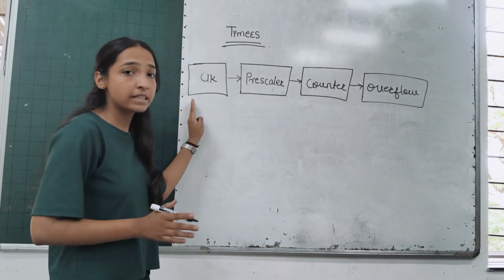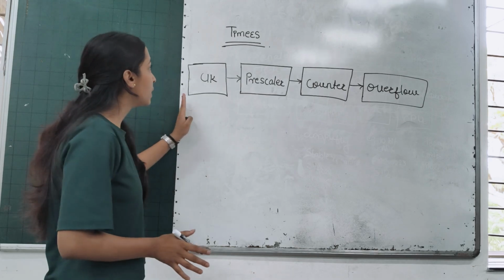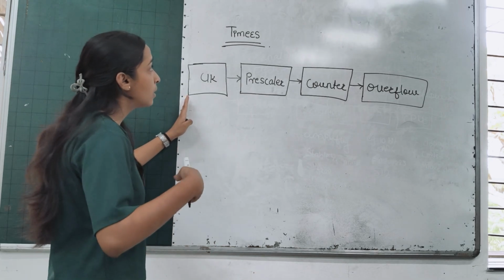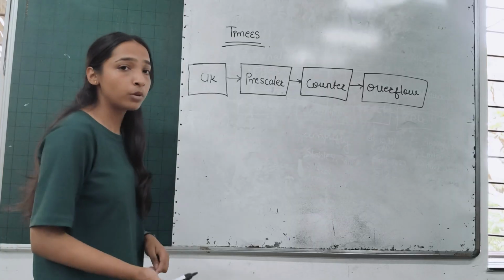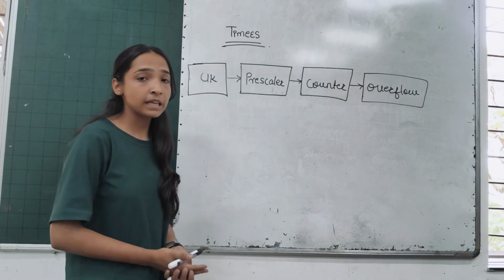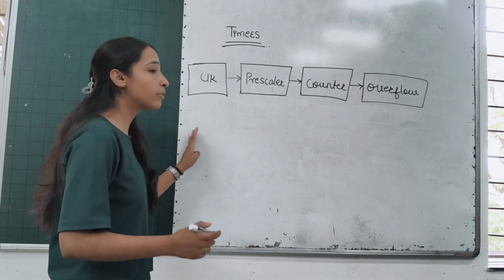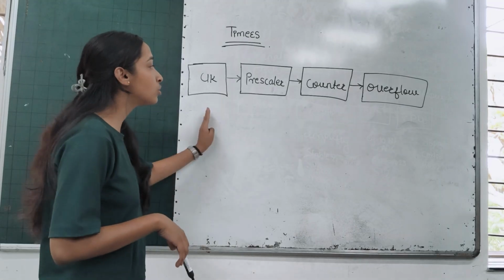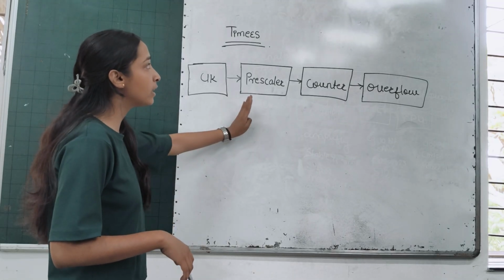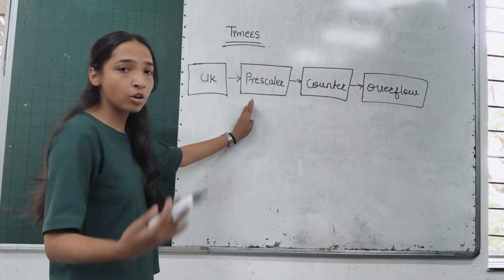the internal clock pulse at a fixed frequency. The clock pulses are given to the prescaler. Why is a prescaler required? Because the clock frequency is at a very high speed. So the prescaler will divide the clock frequency.